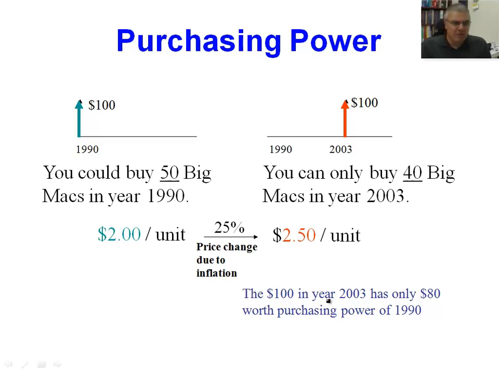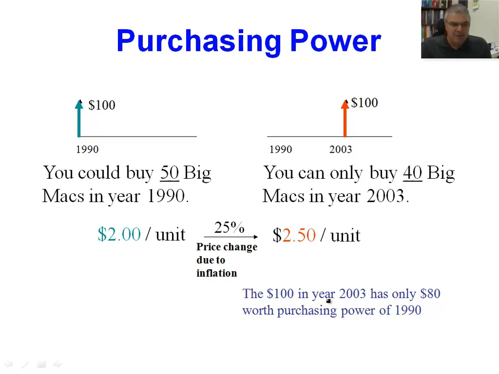In 2003, you could buy 40 Big Macs with $100. So it used to be $2 per unit, but it has now turned out to be $2.50 per unit.